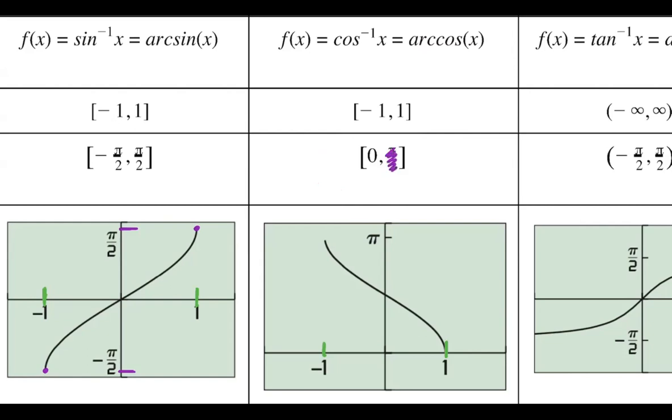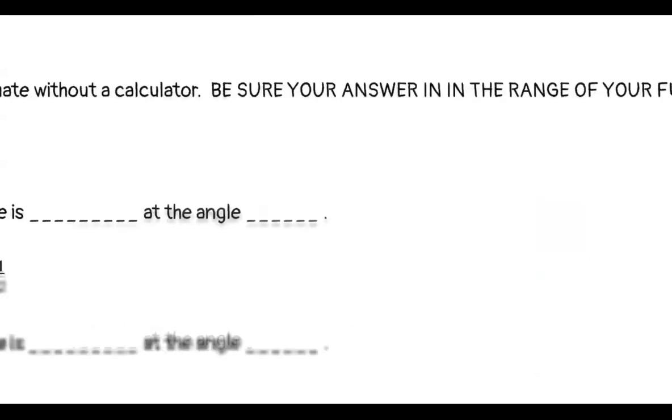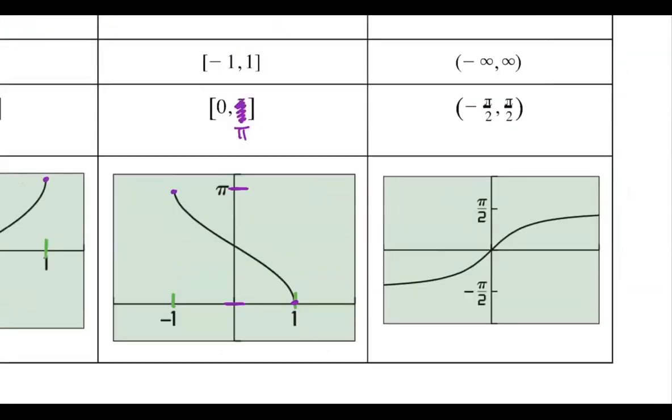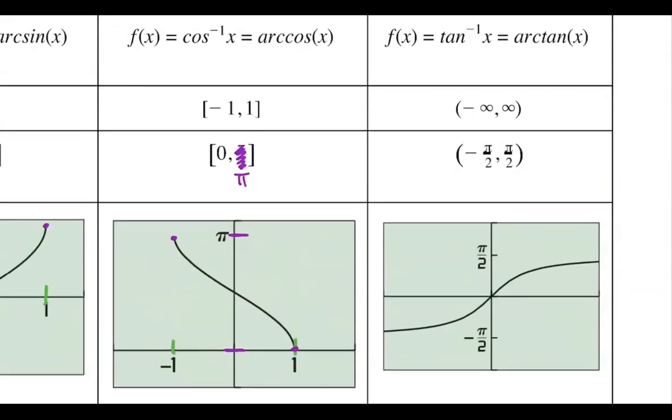This is not pi/2, it is pi. And from our graph, we can see that we start down here at 0 and we go all the way up to pi. So just like the arc sine graph, we have a starting and stopping point. It's a tiny, cute graph. That's it. Okay. All right, let's move on to arctan or inverse tangent.